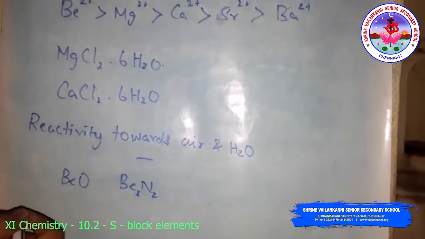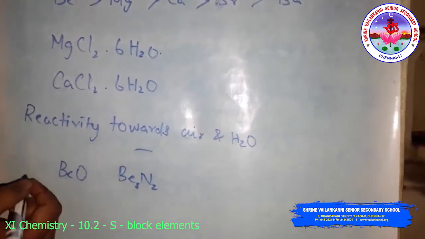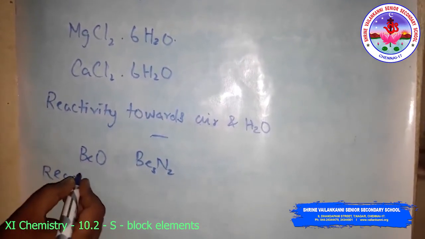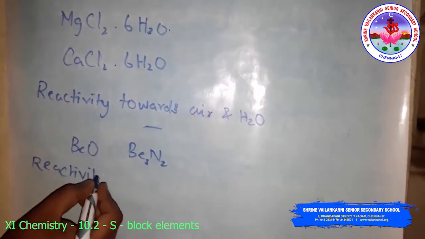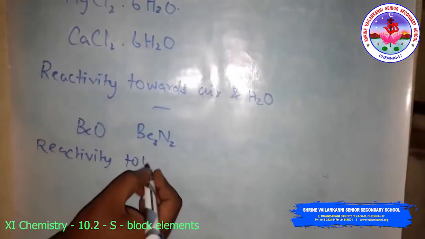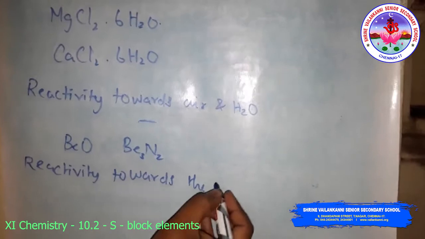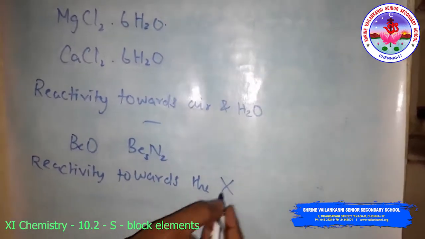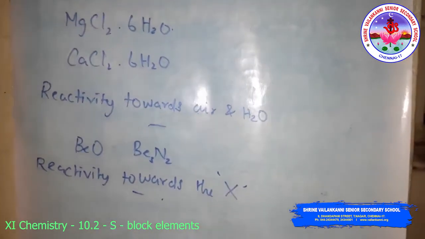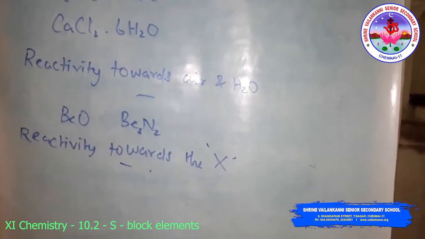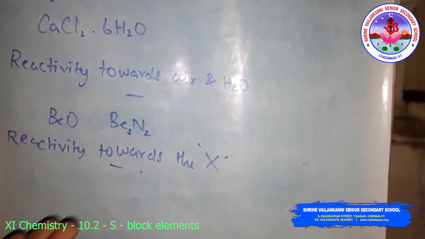Next is the reactivity towards halogens. All the alkaline earth metals combine with halogens at elevated temperature to form their halides.